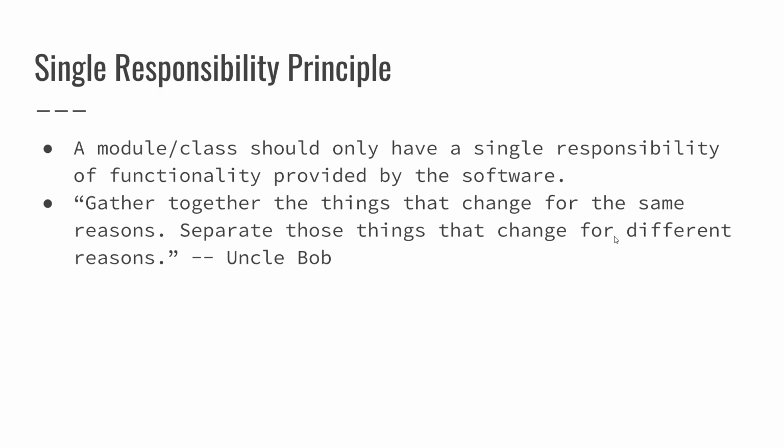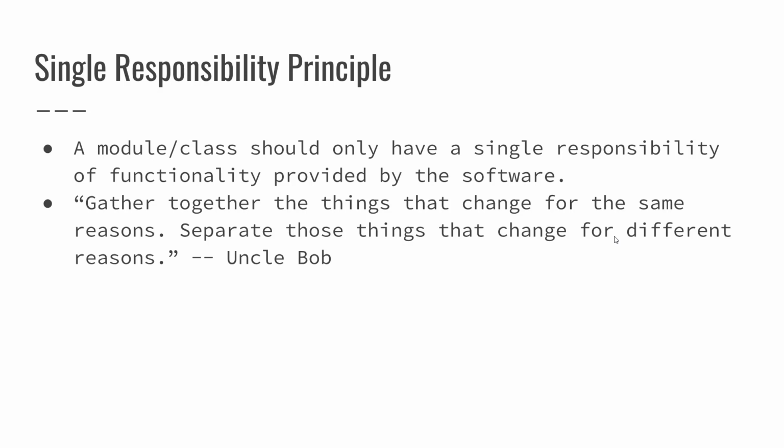So no more just shoving more things inside of a function just to make it easier so you don't have to write as many functions. No, that's bad because then you go to update it, eight other things could break. That's bad. Now, a quote from Uncle Bob himself: gather together the things that change for the same reasons, separate the things that change for different reasons.